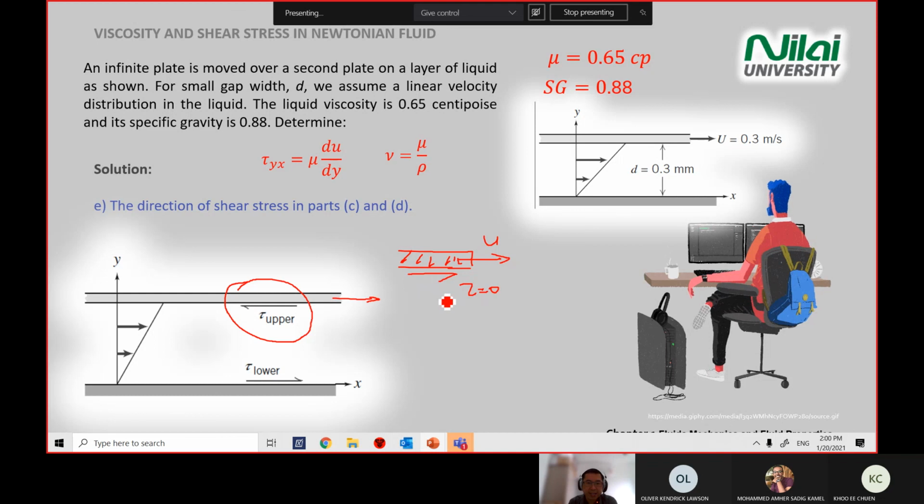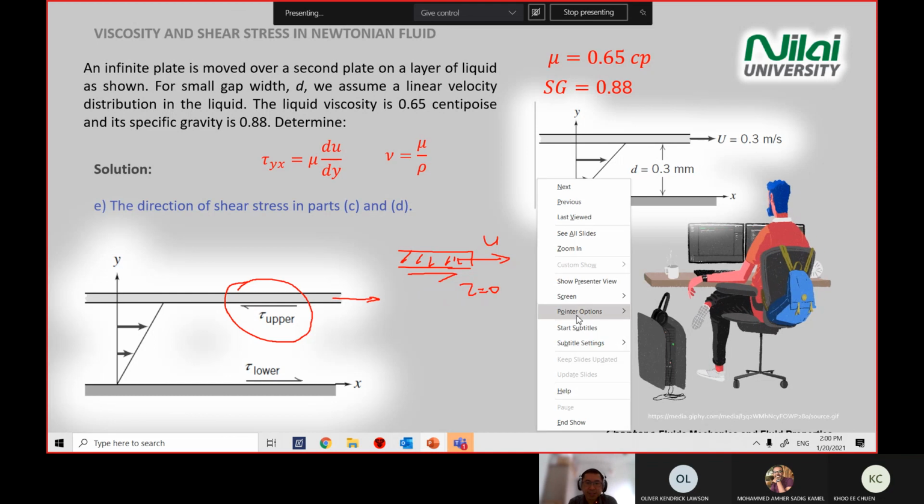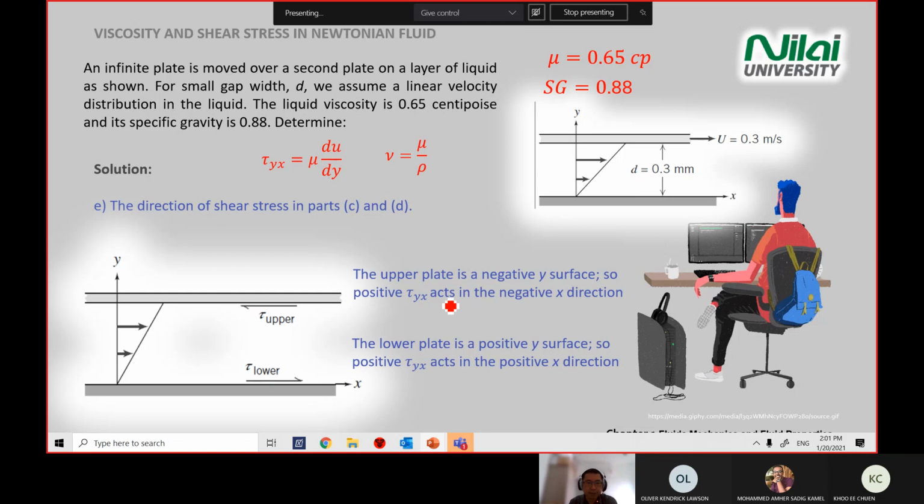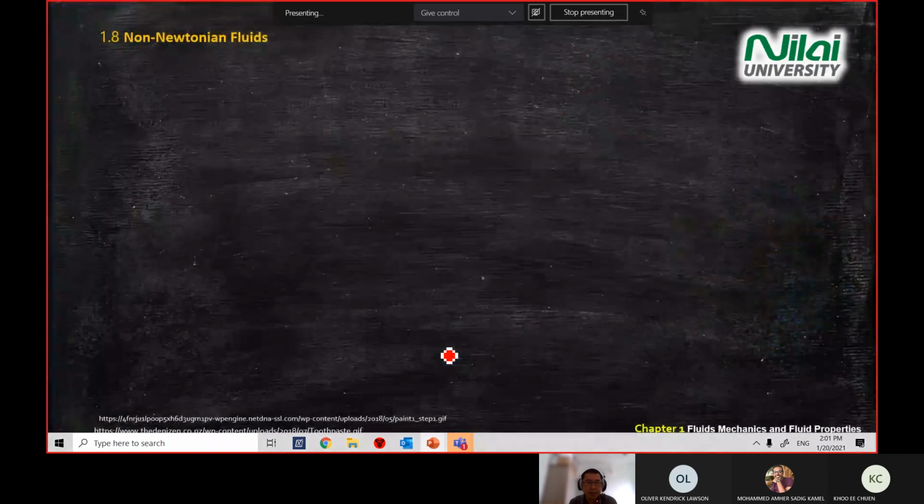So be careful. This is an add-on engineering notation. This is just an explanation on this one. Why is it negative, why is it positive? You read from the slides.